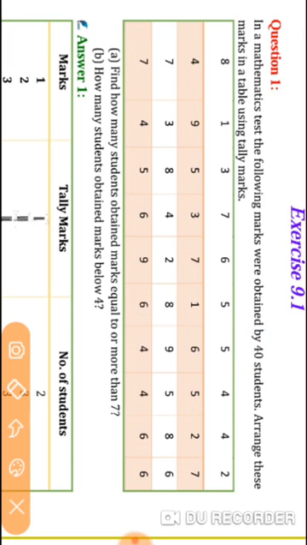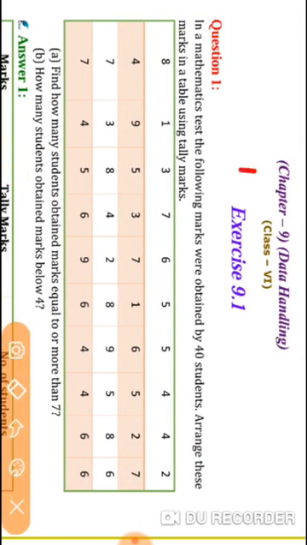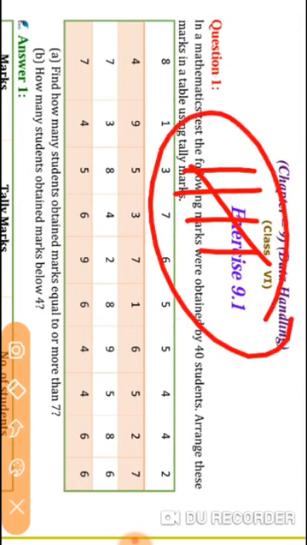See, tally marks is nothing but what they did in ancient times. There were no counting numbers at that time. So what they were doing, 1, 2, 3, 4, and for the fifth one a line across, they were counting. These are called tally marks.